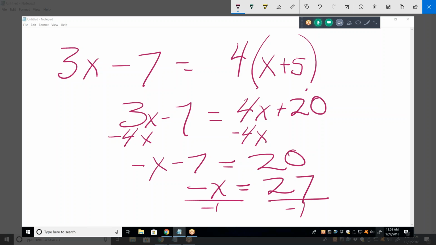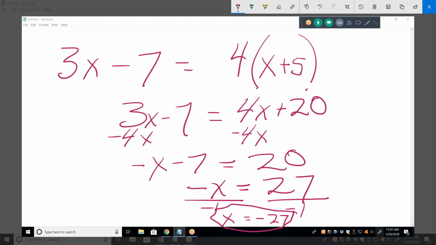When you have a negative divided by a negative, what do you get? Positive. Okay. So that leaves x all on its own on the left side. And now 27 divided by -1 is what? It's -27. Okay. There's your answer.